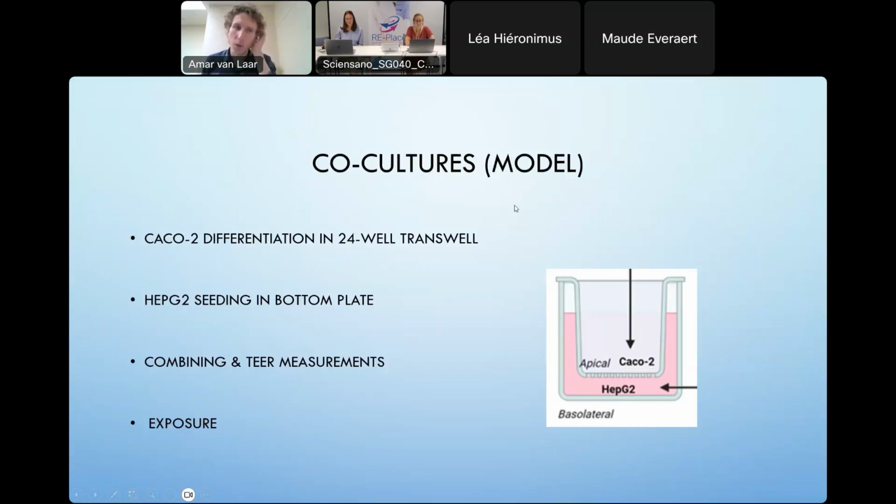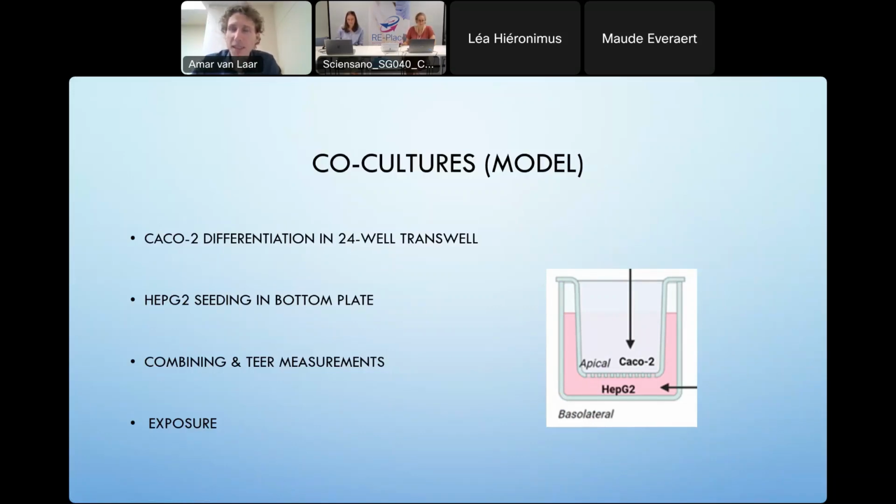We'll go into a little bit more detail about our co-culture model. So we were using CACO2 cells and seeded them in a 24-well transwell. So they are in the insert on top. And these cells need to differentiate for 21 days, starting from the moment that this monolayer has formed.